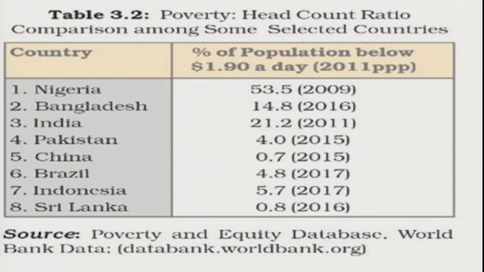Pakistan, 4 in 2015. China, 0.7 in 2015. Brazil, 4.8 in 2017. Indonesia, 5.7 in 2017. And Sri Lanka, 0.8 in 2016. Now you can see here, India is having the highest poverty. It is second to Nigeria.